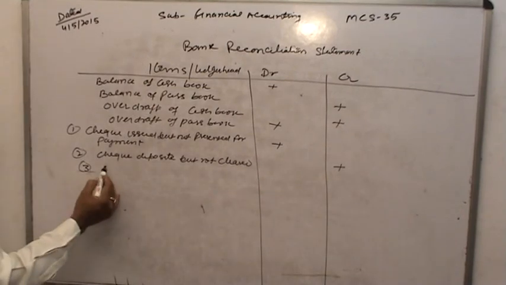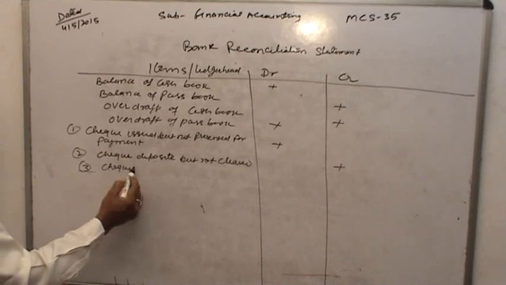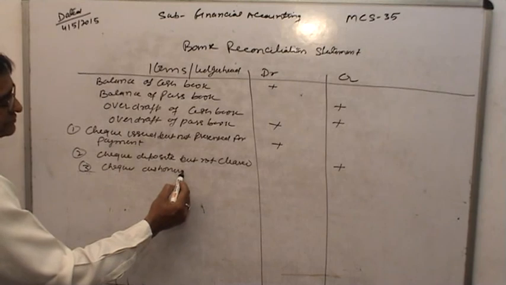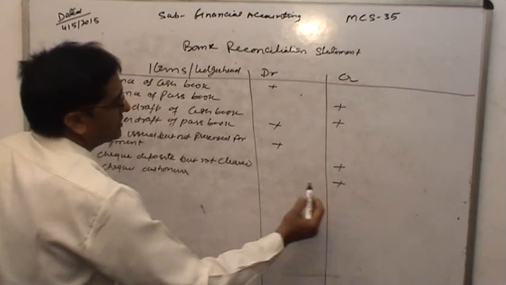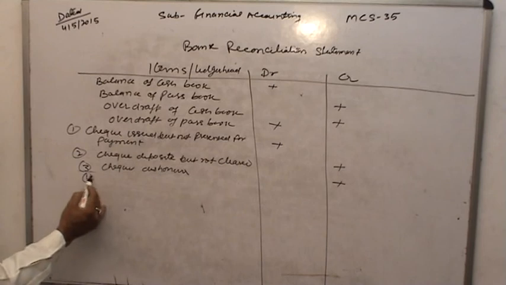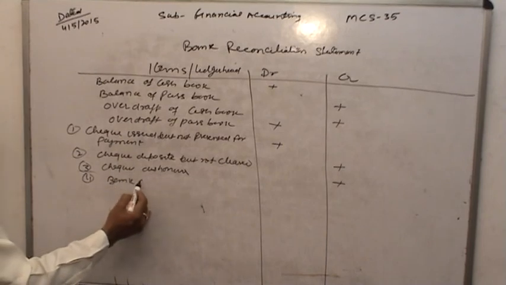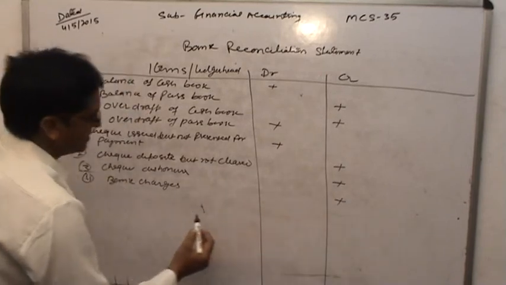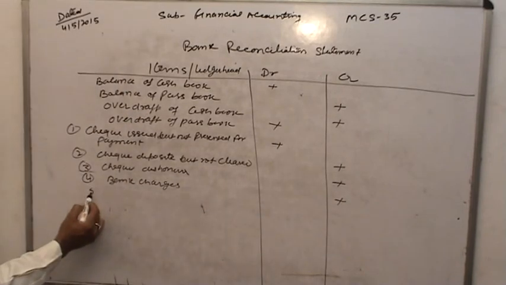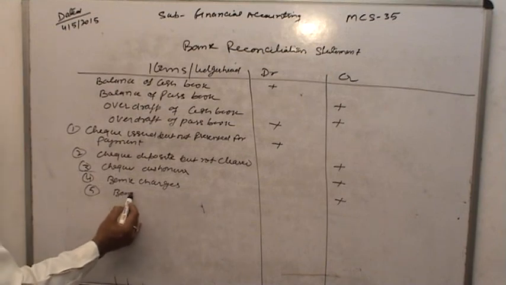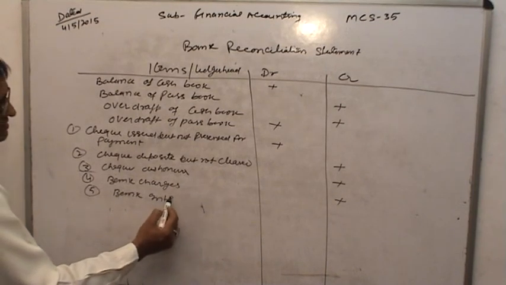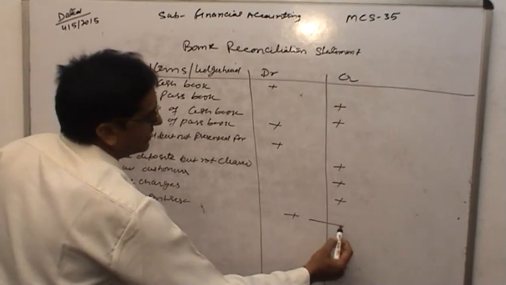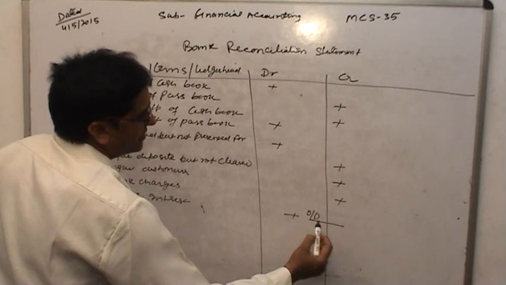Then number three, check dishonor, is always credited. Then bank charges are always credited. Then bank interest is debited in case of balance and credited in case of overdraft.